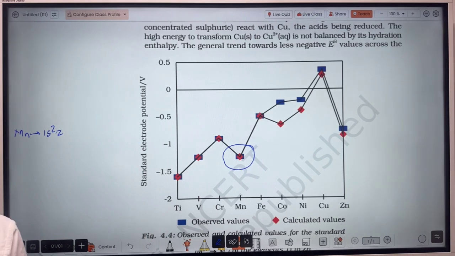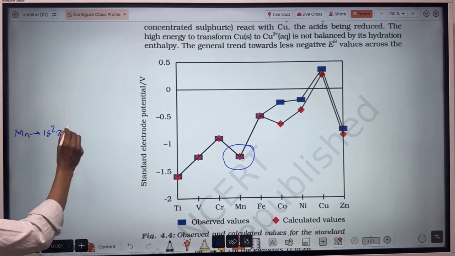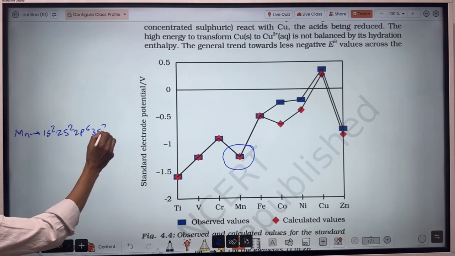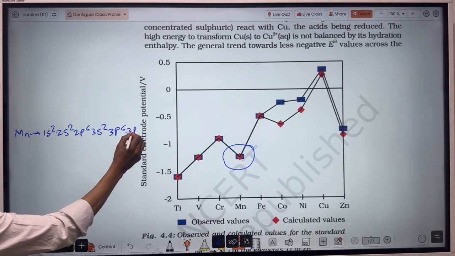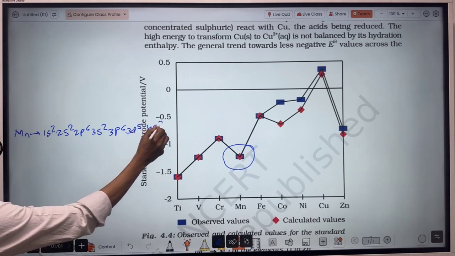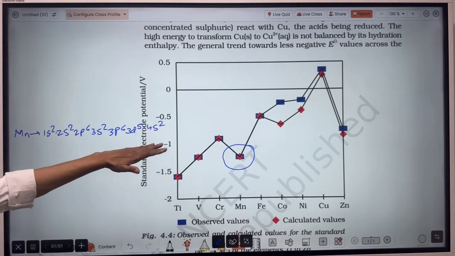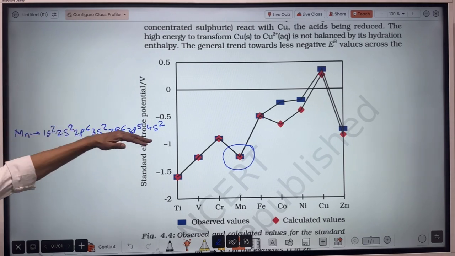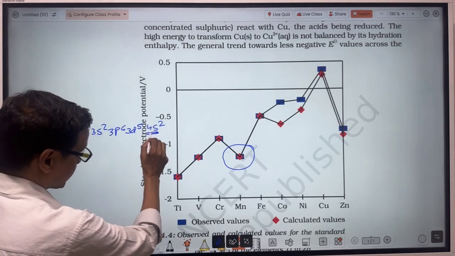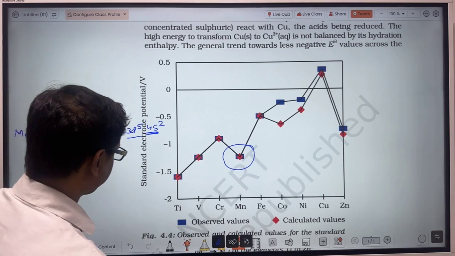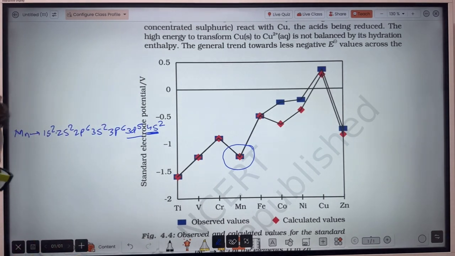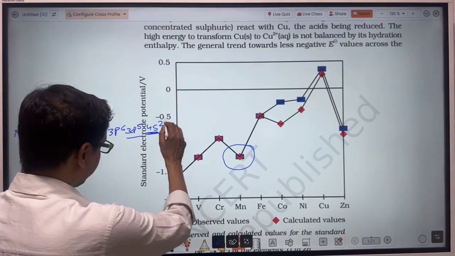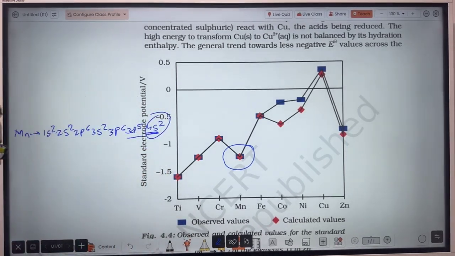Let's see. So firstly, the electronic configuration of manganese is like this. In this case, firstly the electron will enter 4s and then will enter 3d. But when an electron has to be lost, the electron will be lost from 4s because the fourth shell is the valence shell. So the electron will be released from 4s.